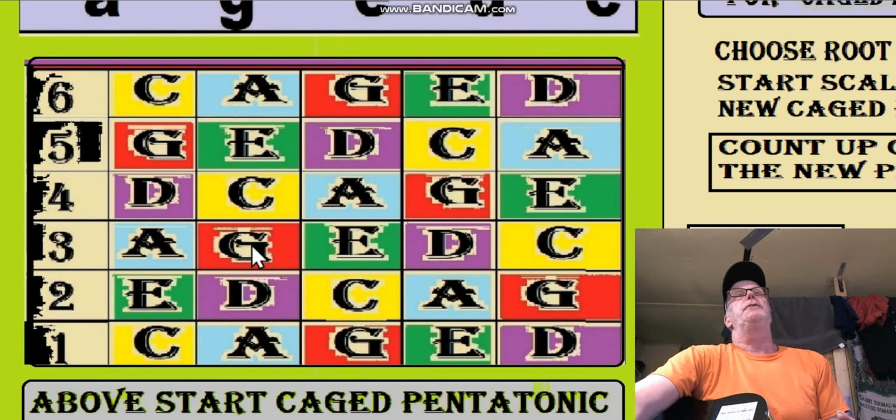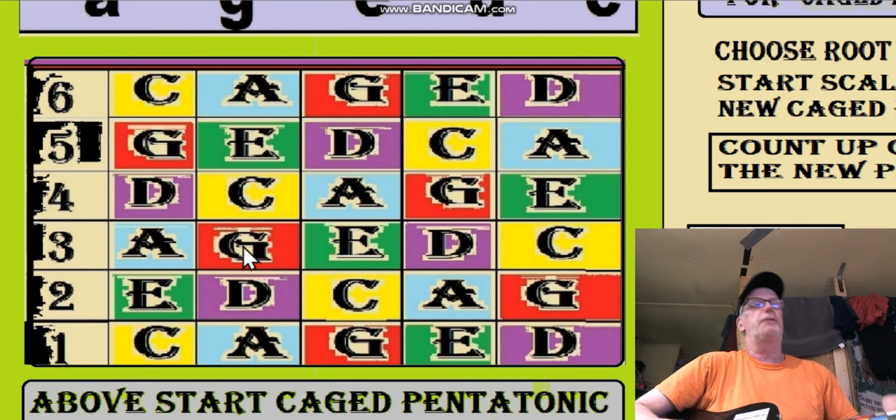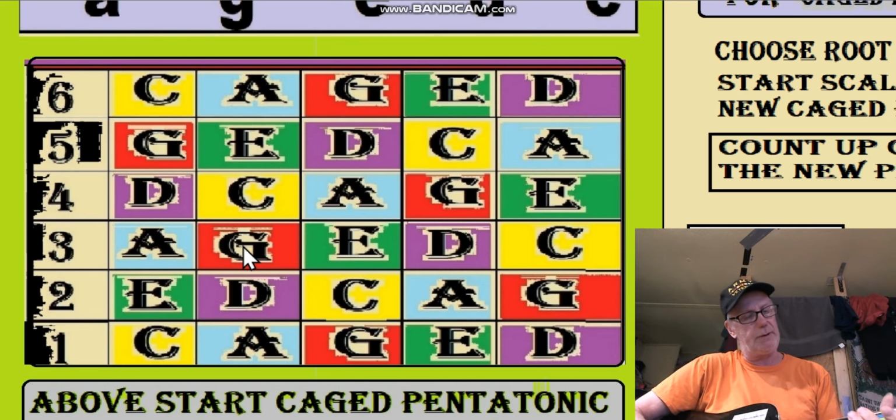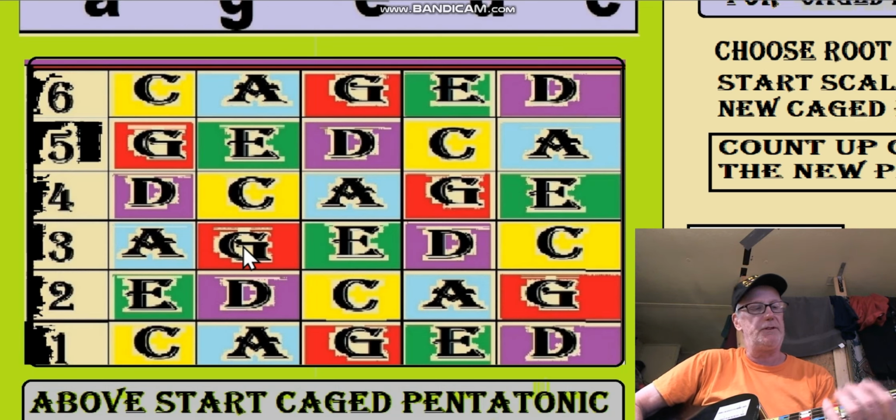And similarly, if we start that same A shape from the third string, I'm going to remove the capo so we can access these things. So for the A shape, we're looking for a G on the third string. I'm just doing the A shapes from the D.